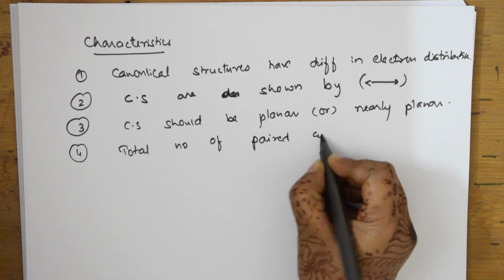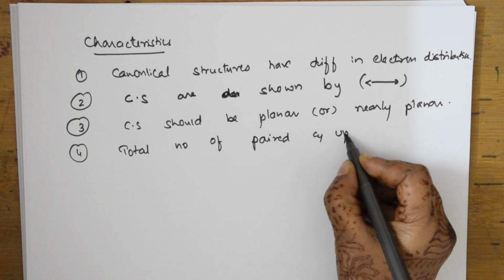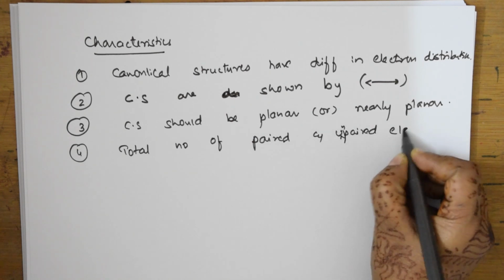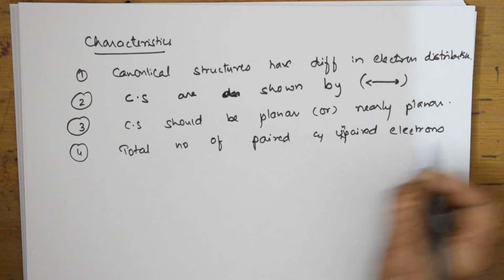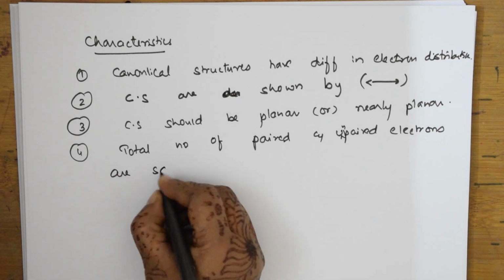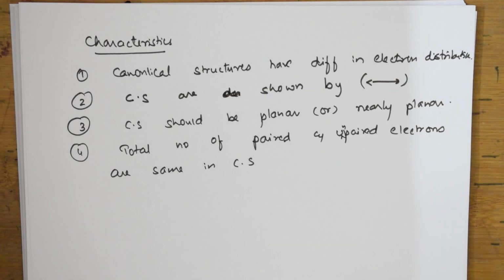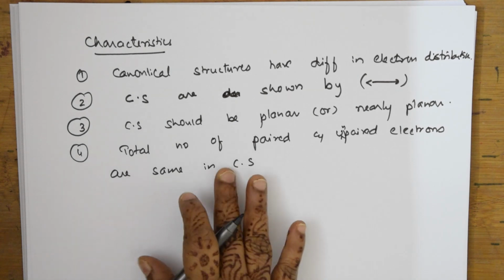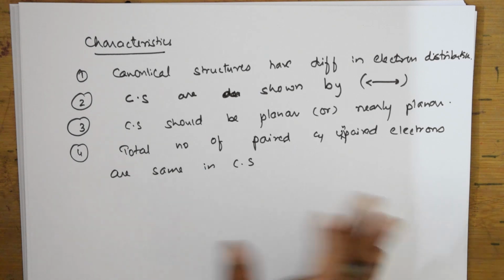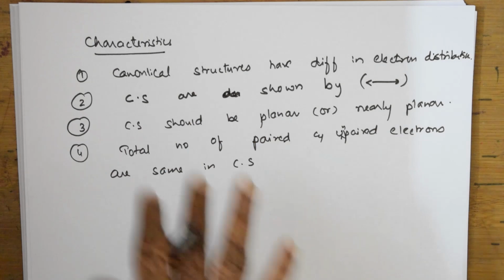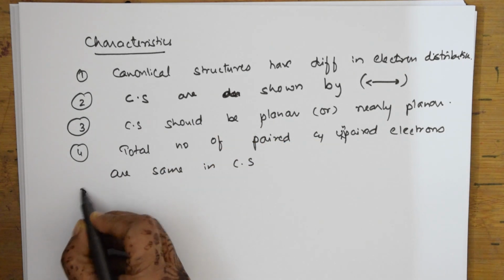Next, the position and arrangement of atoms are the same. When you're varying the structures, the position and arrangement of atoms should remain the same in that molecule. Let us write the fifth point.